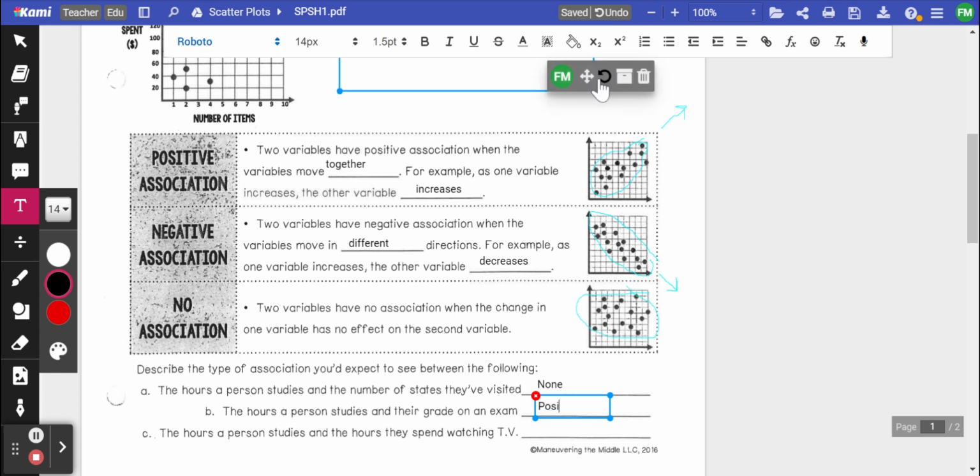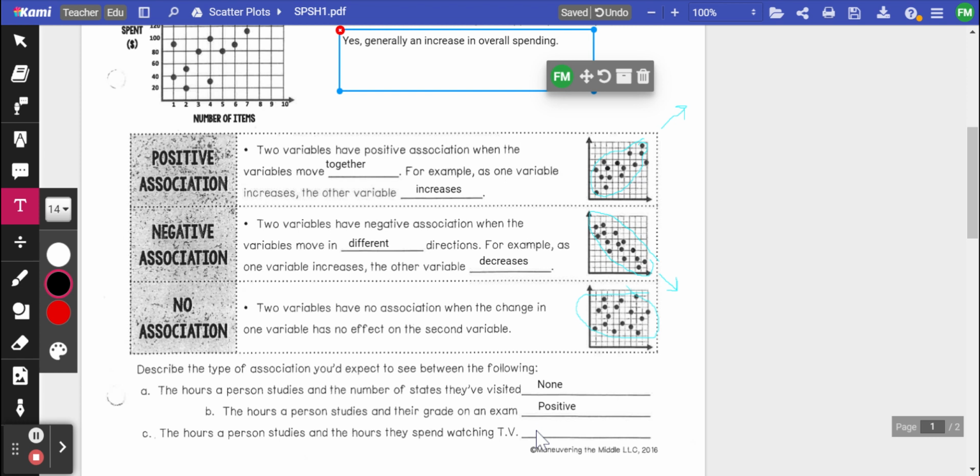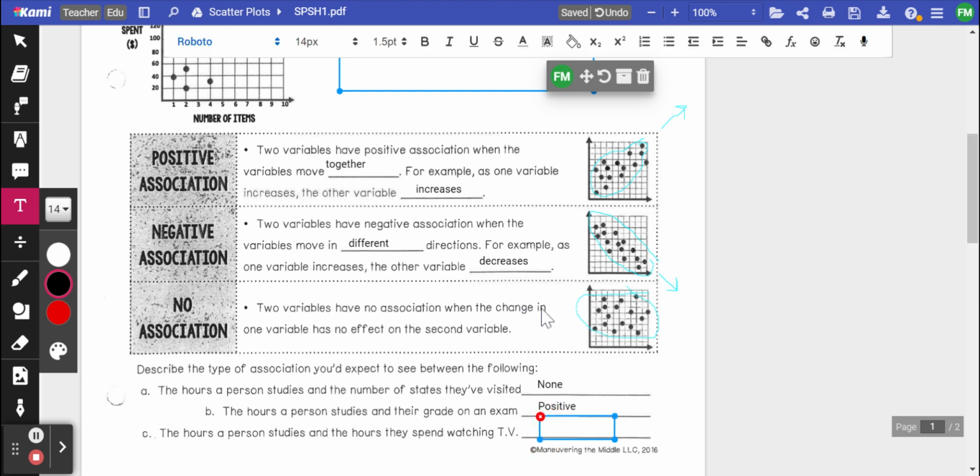That would be a positive association because the amount of time you put in is typically going to lead to a higher grade. And then C, the hours a person studies and the hours they spend watching TV. Really? There we go. That is a negative association.